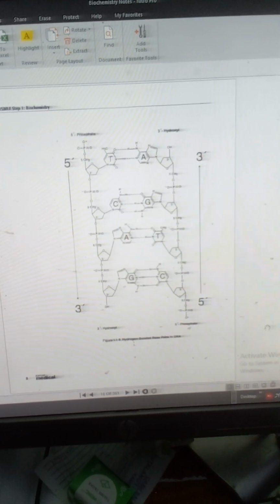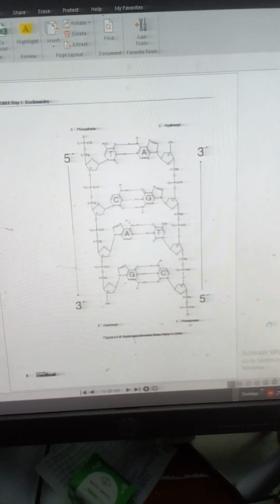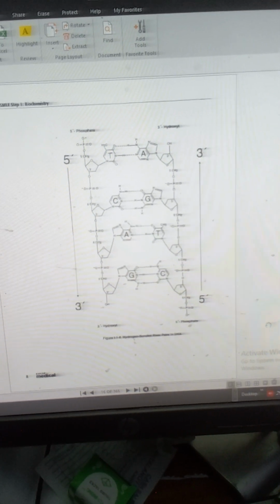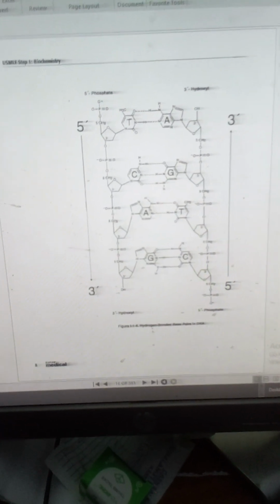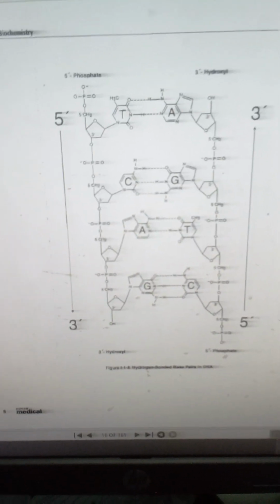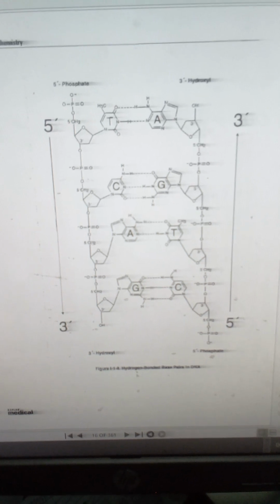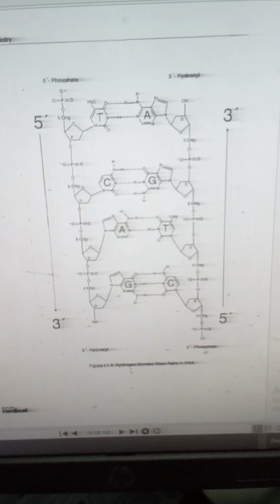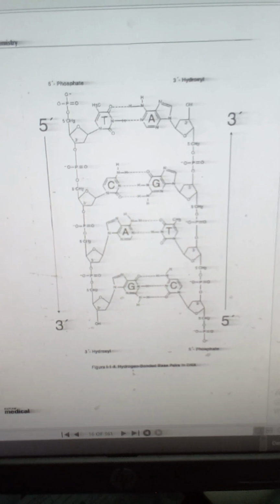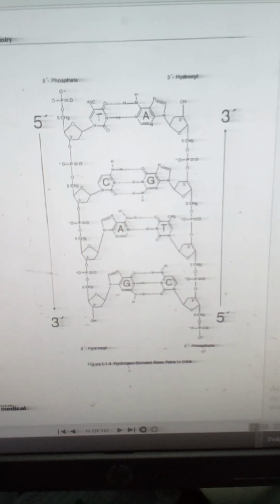So we are going to look at how we name this nucleic acid, and the naming is guided by rules that we refer to as Chargaff's rules. The first of Chargaff's rules is that when we have two strands, they will always run in opposite directions.